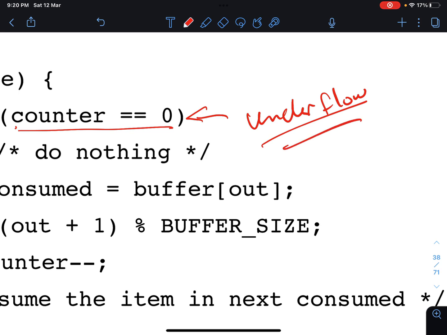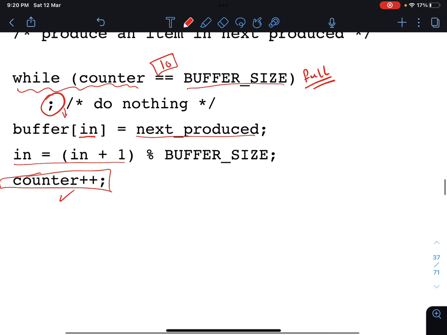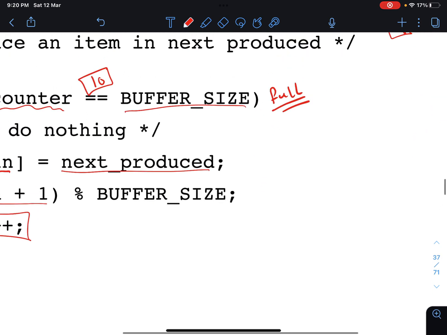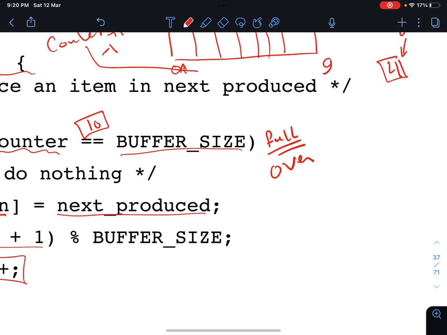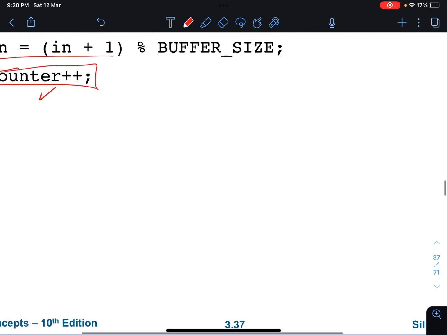Because if you consume when the counter is 0, you are going for underflow. And this, in the producer code, is helping you avoid overflow. Right? Because if you produce while the buffer is full, you are going for overflow.